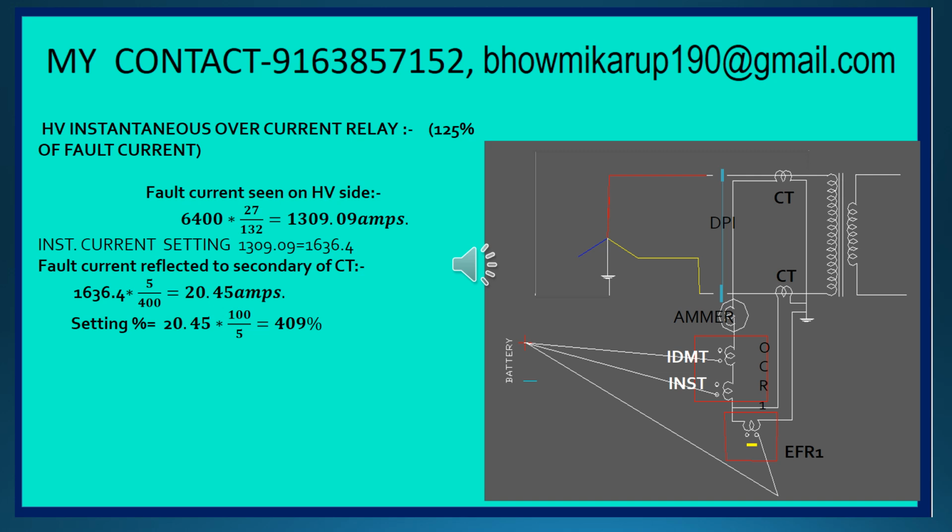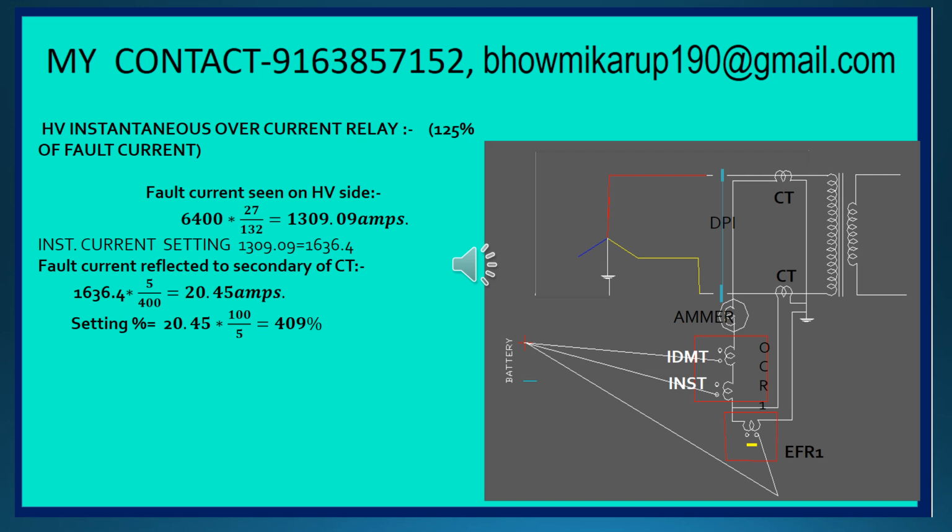Our maximum fault current in the 27 kV side is 6400 ampere, and if you reflect it on the 132 kV side, it will come around 1309.09 amperes, and the instantaneous element will be set 25% more, it is coming 1636.4 ampere. Fault current reflected to the secondary of CT, multiply it with 5 by 400, it is coming 20.45 amperes.